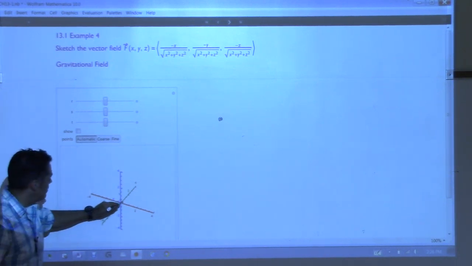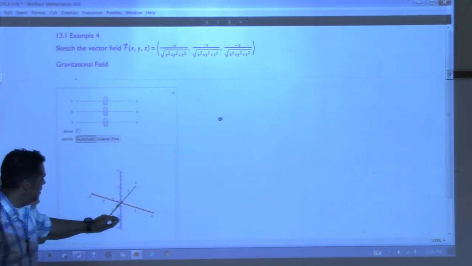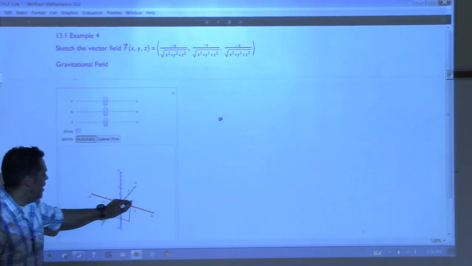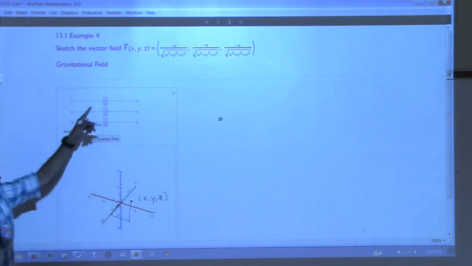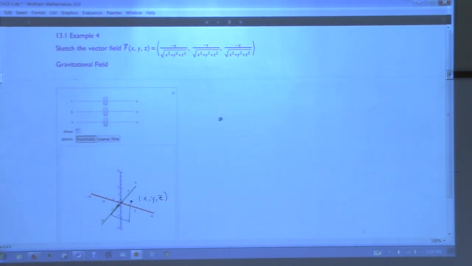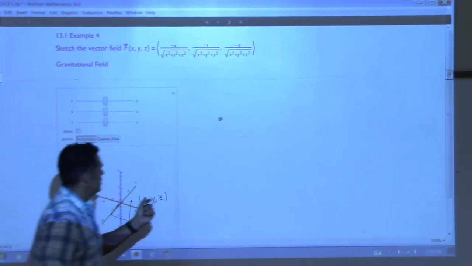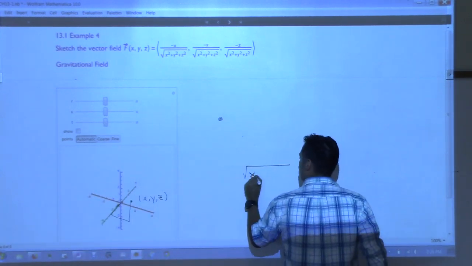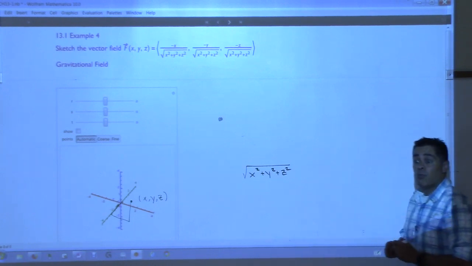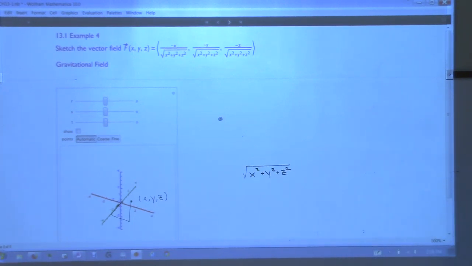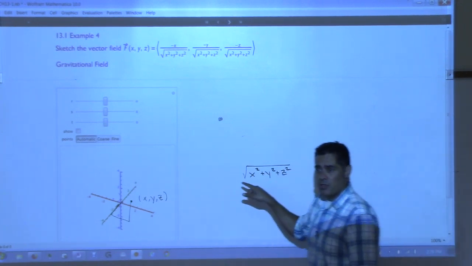So imagine I go out to some point, here's x, here's y, here's z. I go out to this point x, y, z, and I plug it into this particular vector field. What is the square root of x squared plus y squared plus z squared? Isn't it the distance from that point to the origin?